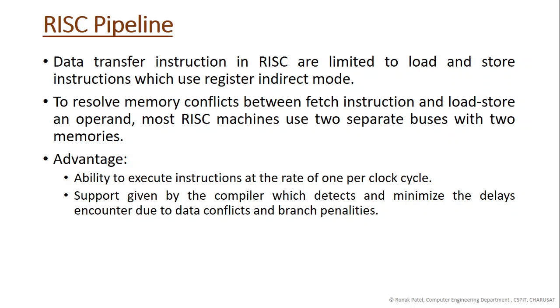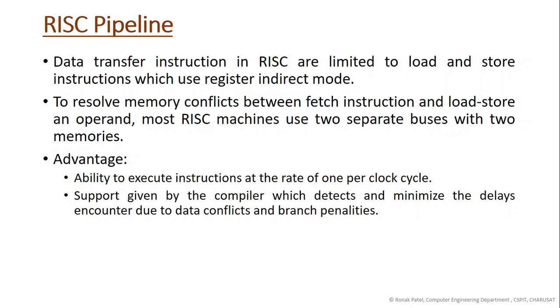So what most RISC machines do is use two separate buses with two memories. One memory is used to store the instructions and another memory is used to store the data, meaning your operands. So with these two buses, in parallel you can fetch the operands on one bus and the instructions on the other, so it will not overlap.